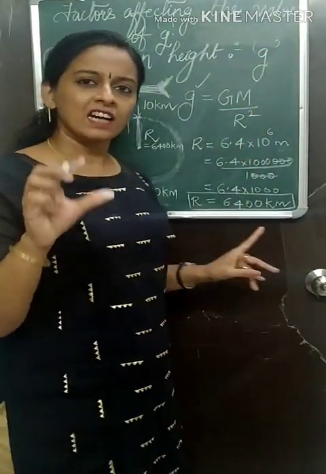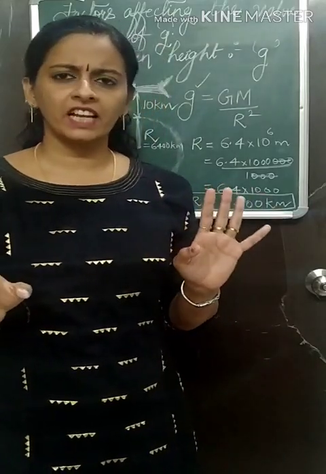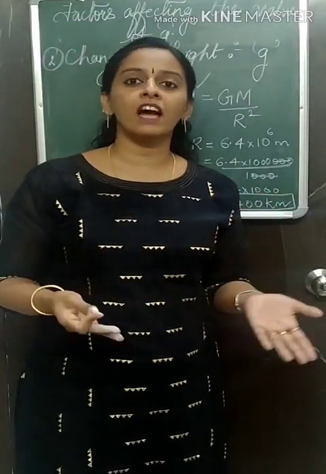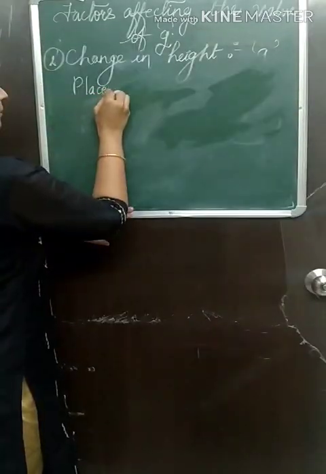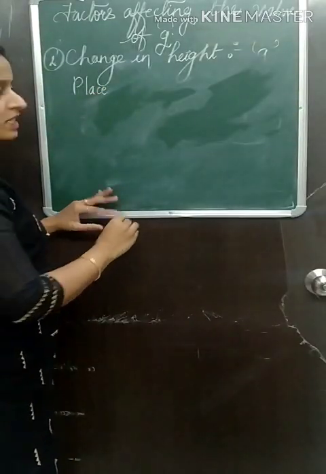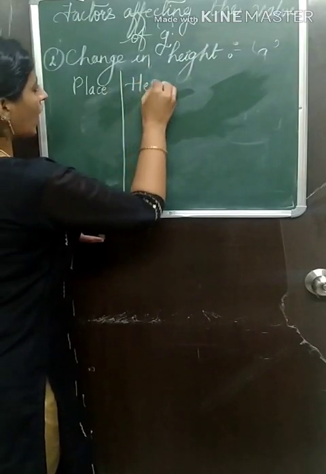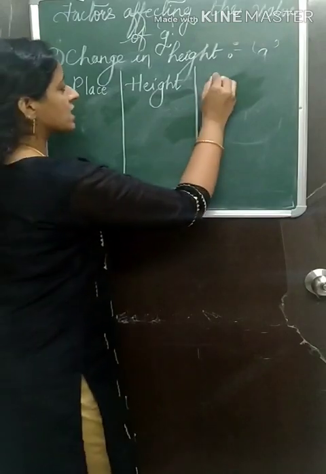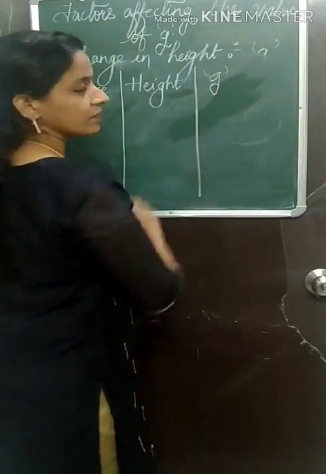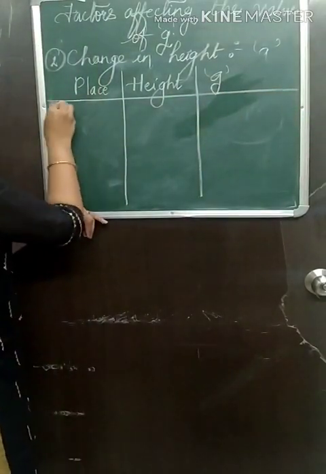For smaller height, the value of G will not be affected much, that we can neglect. But for higher values of height, the value of G changes. For different places, we will write the height of that place, and lastly, the value of G at that place. Okay, start with first example.